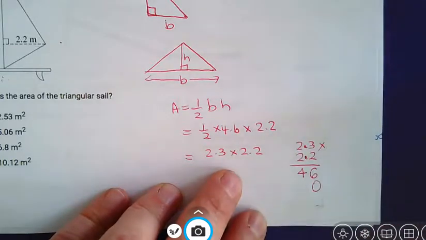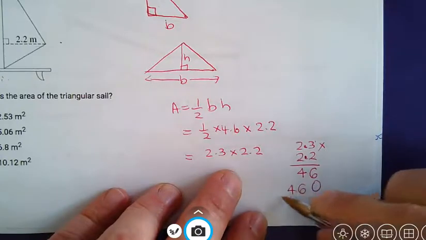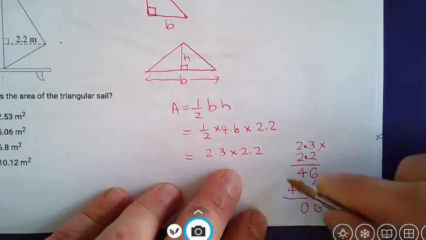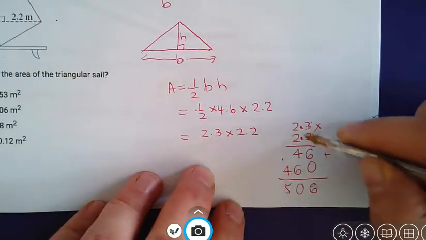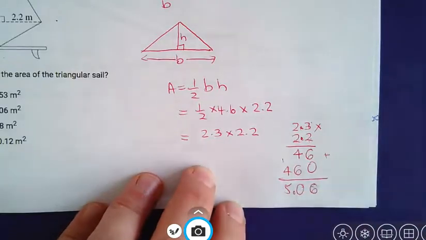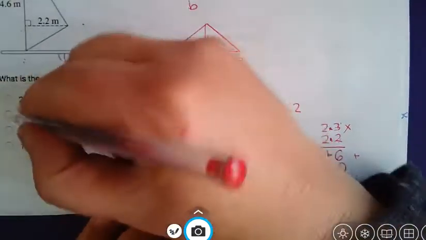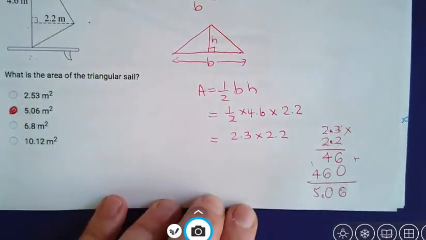Put a 0. 2 times 3 is 6. 2 times 2 is 4. Then we add them up. 6, 10, 5. So I've got 2 decimal places after the point. Well, which of those answers? 5.06. Okay, meters squared.